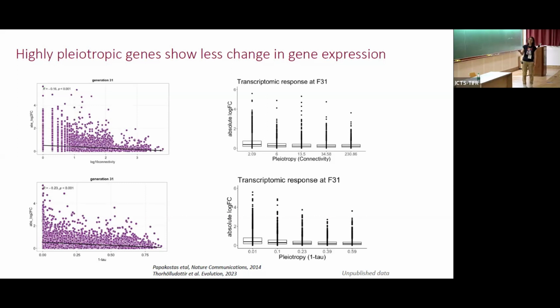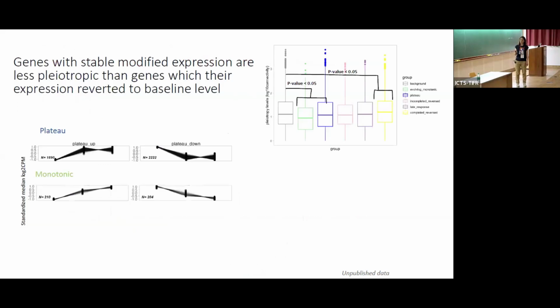And when we bin this, depending on different bin sizes, we observe this decreases pretty well. But when we look at our differentially expressed genes with different patterns of expression, we observe this much better. For genes that responded early on and then plateaued, or are continuously increasing or decreasing in expression, meaning that the expression in the evolved populations is modified compared to the founder population, which is the blue and green ones, they are significantly less pleiotropic compared to the background genes.